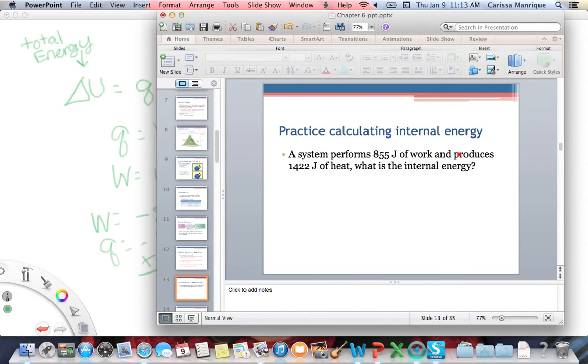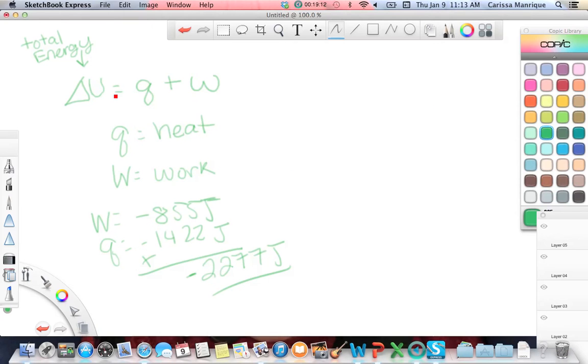Or if it said it gained 1,422 joules of heat, then that would have been positive. Again, the next podcast will go more into it. But now you have an idea of what thermochemistry is: a measure of delta U, which is the total energy, and how we get this energy is Q plus W. So we have to look at the heat involved in the reaction and the work.